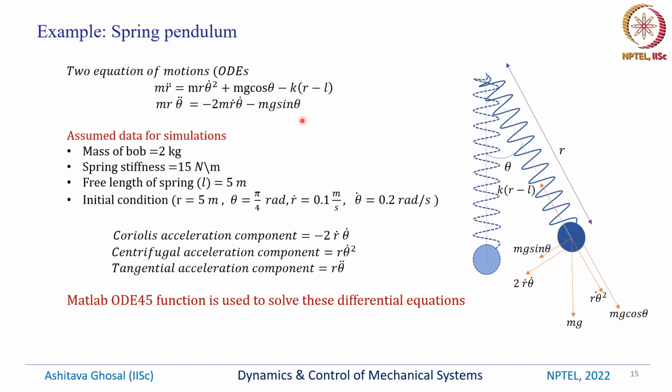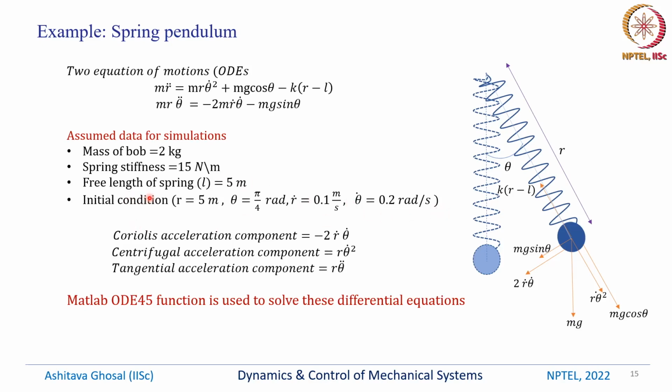So we have two equations, basically two ODEs, and we need to find some numbers for the mass of this bob, spring stiffness, free length, and some initial conditions.